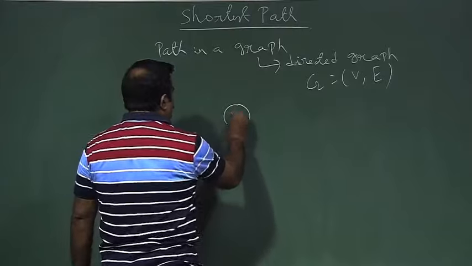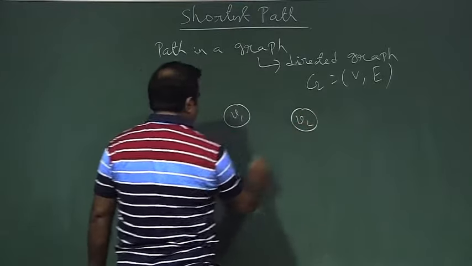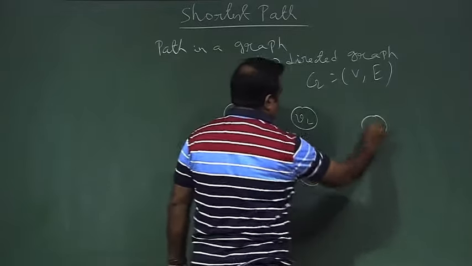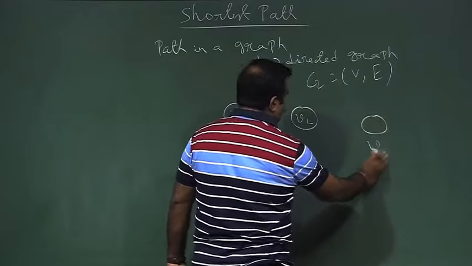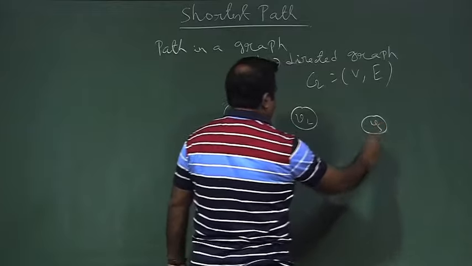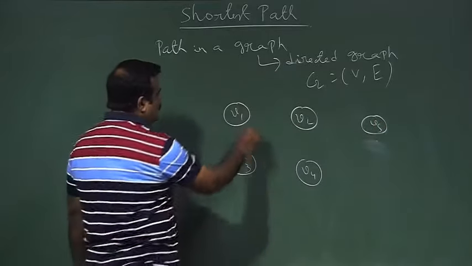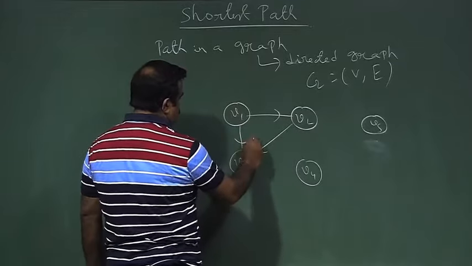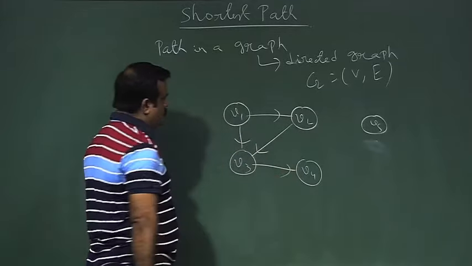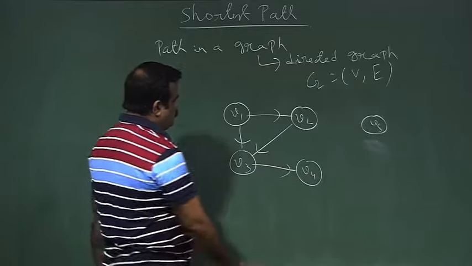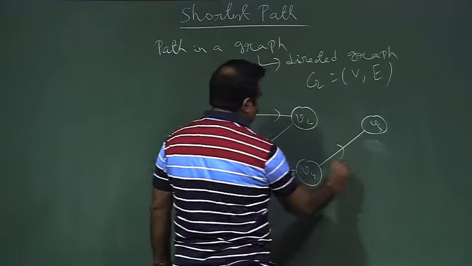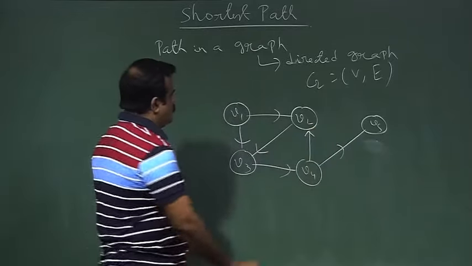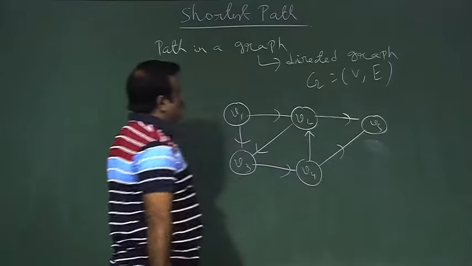Say V1, V2, V3, V4, V5. So there are five vertices, and suppose these are the edges.